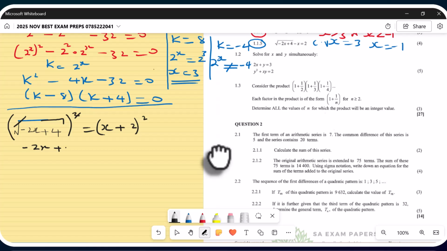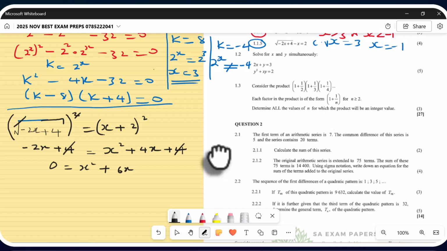Okay, so in here, I'm going to get the standard equation. 0 equals x squared, now this 4x minus 2x, so I'm going to say plus 6x, right guys? And then the 4 and the 4 cancel. So the common factor here is x, guys. I'm going to say x, open bracket, x plus 6 equals 0.